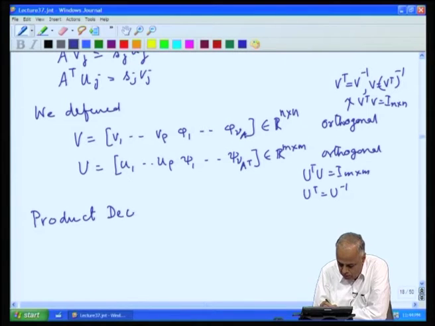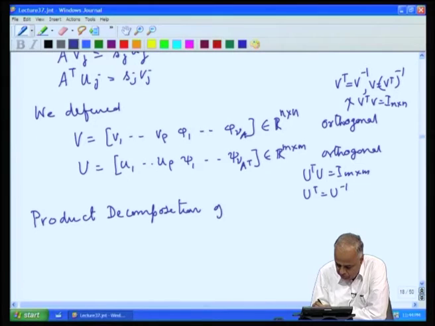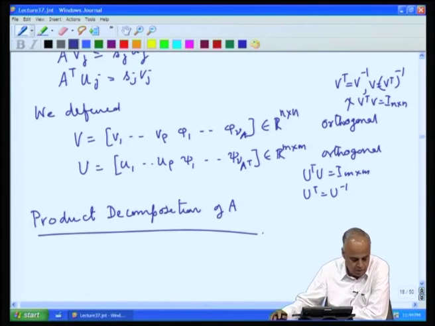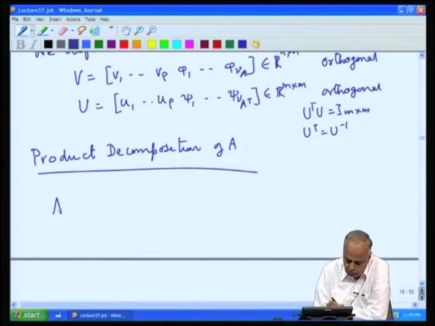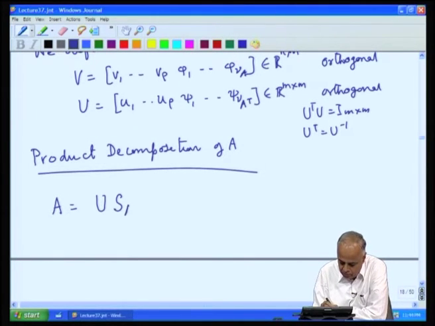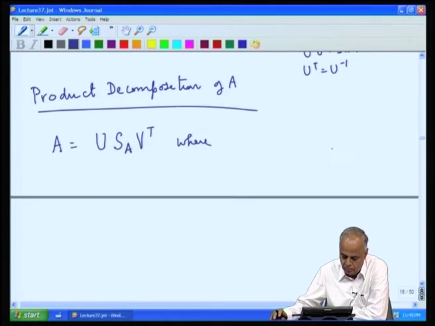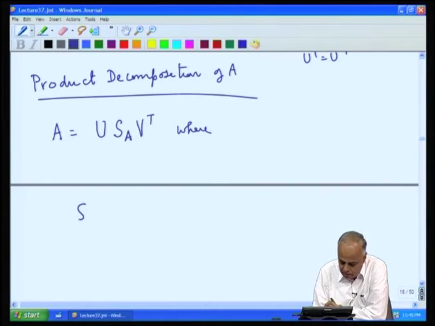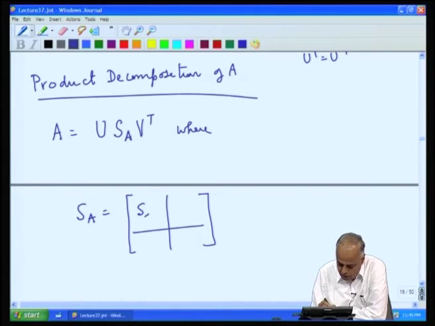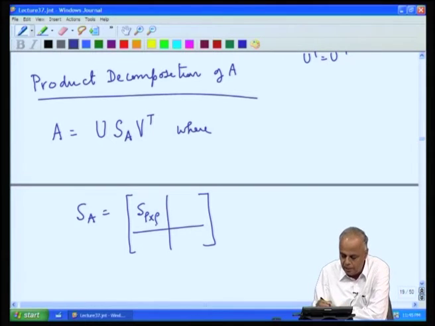The product decomposition is of A: A equals U S_A V transpose, where S_A was, in block form, an S_rho-rho matrix as a diagonal block.